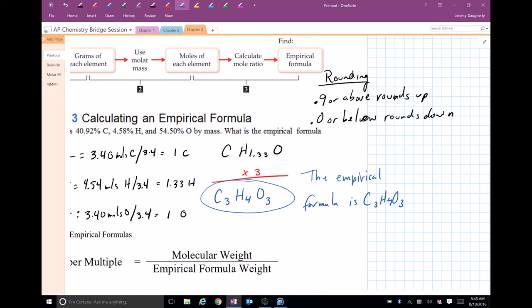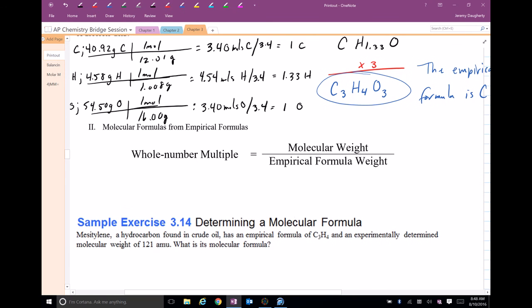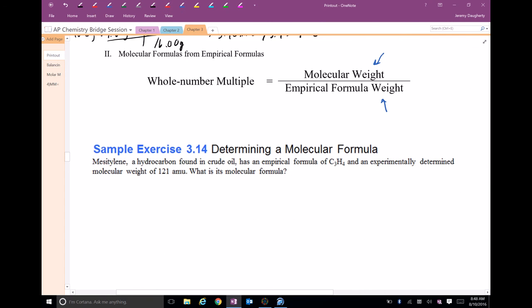All right, then let's talk about molecular formula. There's usually a whole number ratio between the molar mass of the molecular formula and the molar mass of the empirical formula. And let me show you. We're going to do sample exercise 3.14 here. Mesitylene, a hydrocarbon found in crude oil, has an empirical formula C3H4. So here's the empirical formula right there.